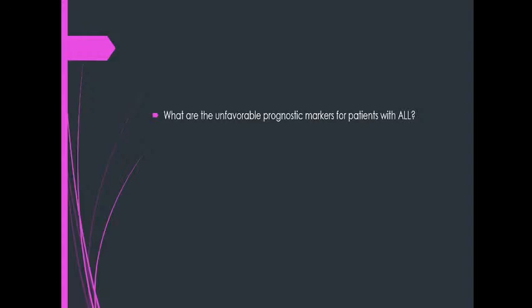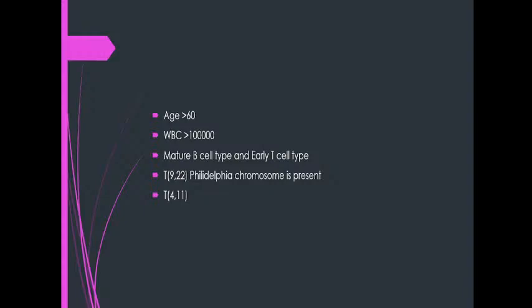Now, what are the unfavorable prognostic markers for patients with ALL? Greater than 60 years old, patient with greater than 100,000 WBCs, mature B-cell type and early T-cell type are present, and the Philadelphia chromosome is present.